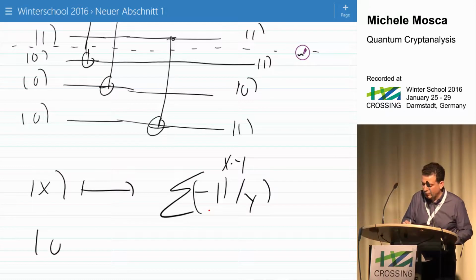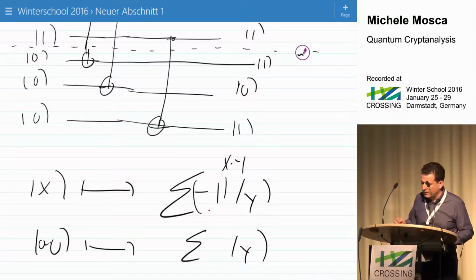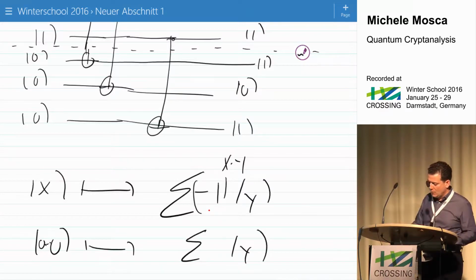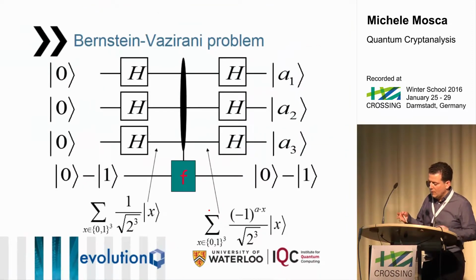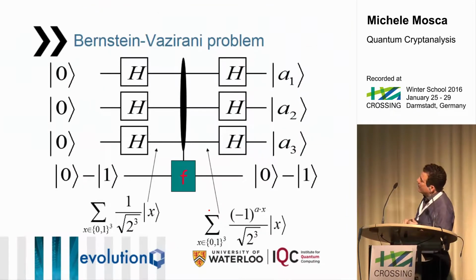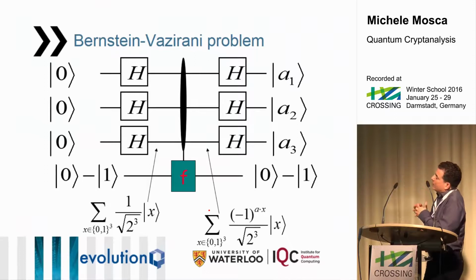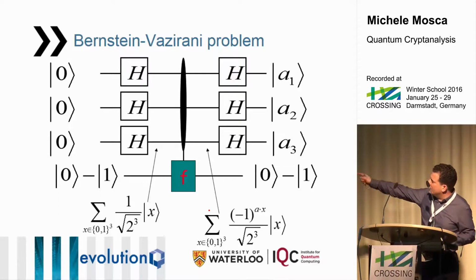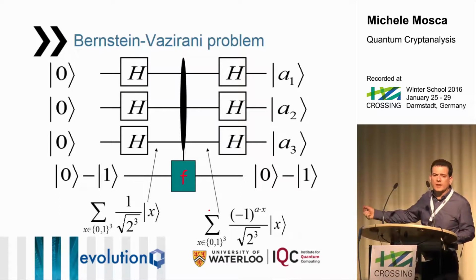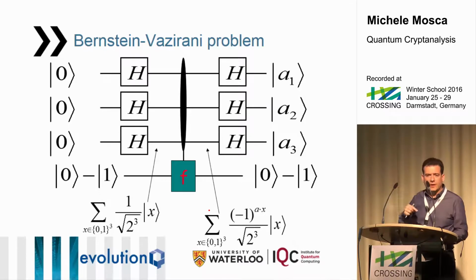If x is the all-zero string, then you get a superposition of all the n-bit strings y. So that just prepares a uniform superposition of all the 3-bit strings, say, but in general it works for n-bit strings. And then you apply the function, and because you're putting 0 minus 1 in the second register, it computes the function into the phases, as we discussed already.